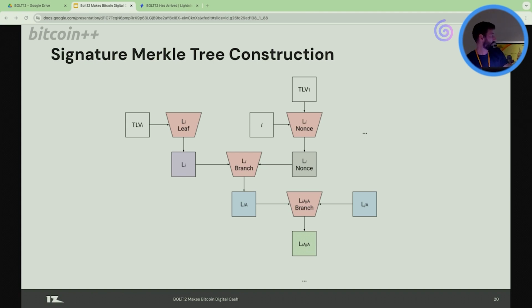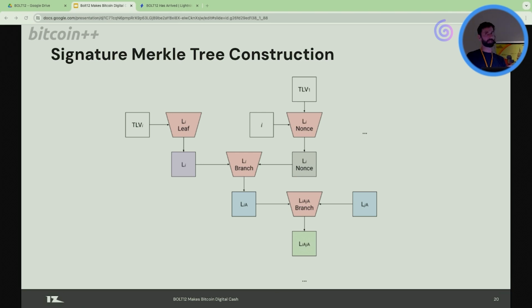At the top level, there are two hashing functions: one for the leaf in the red on the left and one for the leaf nonce. The nonce one includes, as part of the tag, I believe, the first TLV record. For anything that's signed, invoice request or invoice, that is the payer metadata.